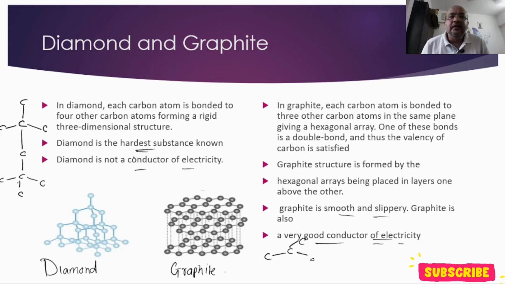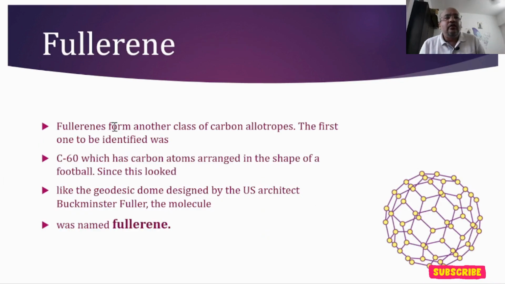Now the third allotrope of carbon is fullerene, right? Fullerene is another form of carbon allotrope. The first one to be identified was C60, carbon 60, which has the carbon atoms arranged in the shape of a football.